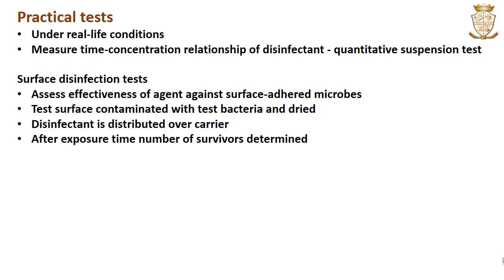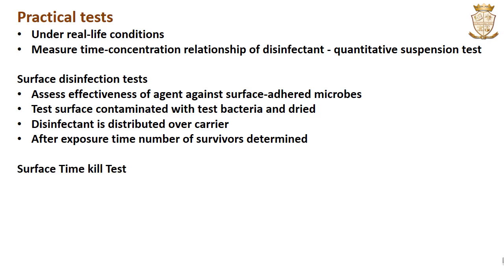Instead, on the surface of the carrier, the disinfectant is just applied. It is not immersed in the disinfectant during the entire exposure time. So these are the differences between the carrier test and the surface disinfection test. The surface test can reflect the in-use, real use conditions like contact times, temperature, use dilutions, surface properties, etc.